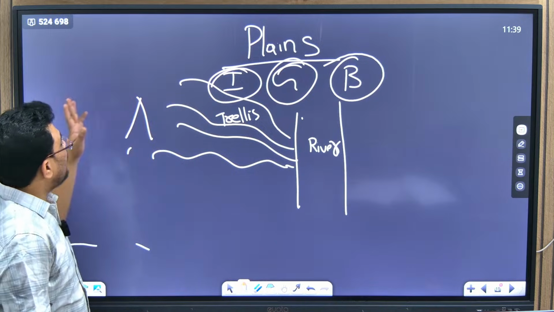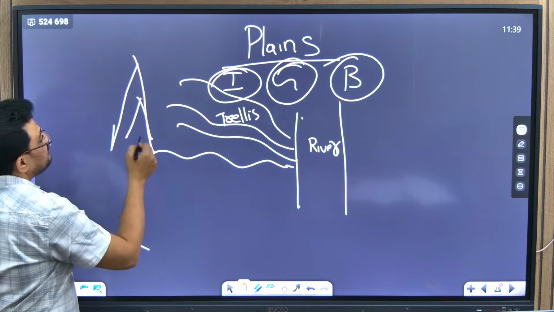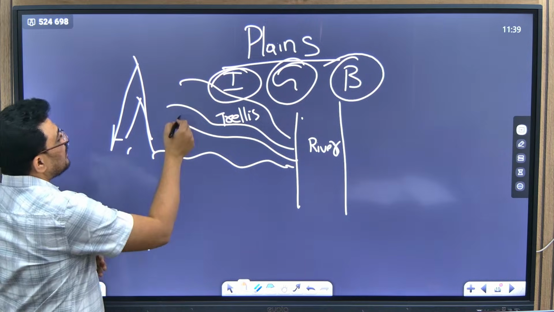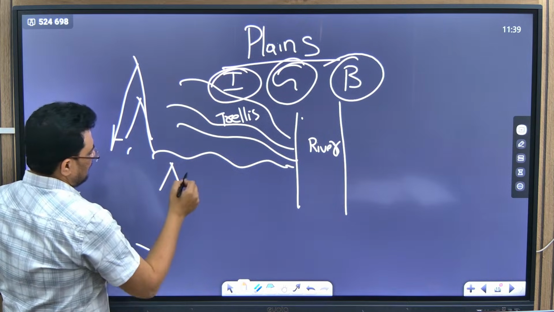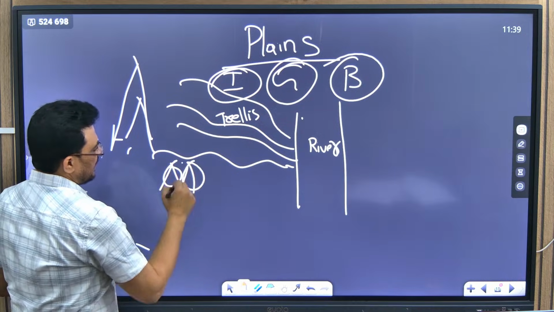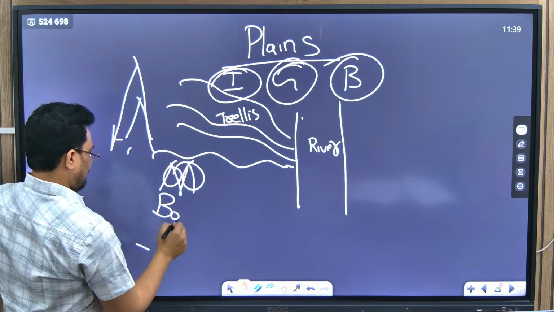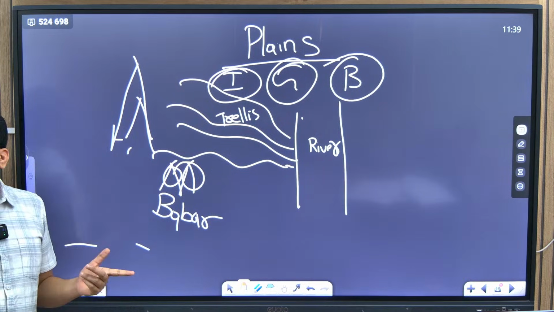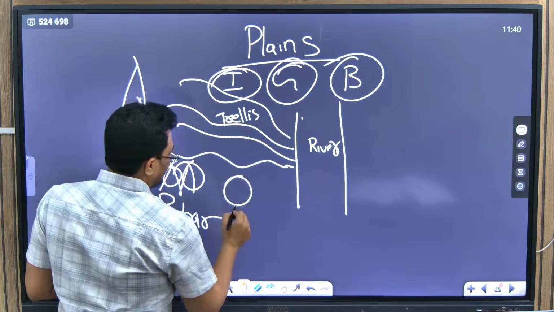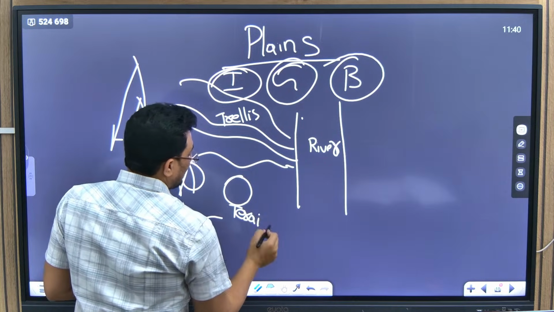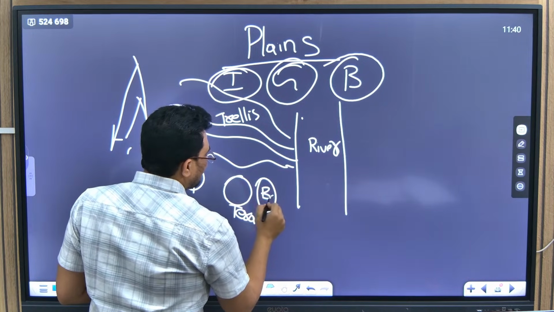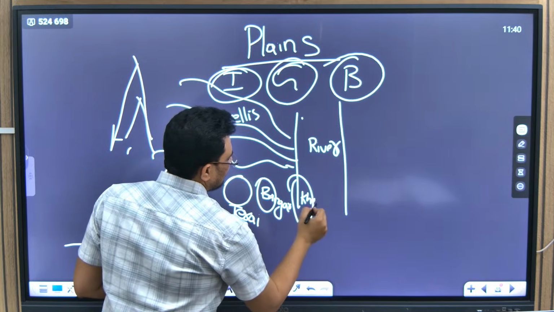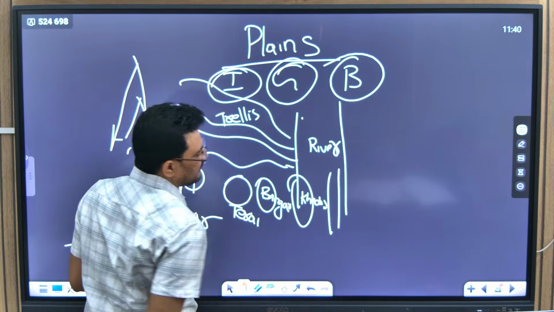When the water is coming from these mountains, there are some stages that you have to remember. First, there are some rocks, stones, which is called the Bhabar region. After that, you have the Terai region, then the Bangar region, the Khadar region, then the actual river starts.